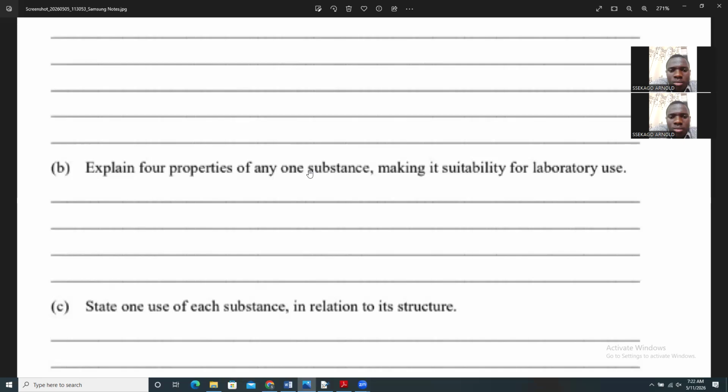So if I give properties of the giant covalent structure, then one can extend those properties to any other substance that exhibits that type of structure. Same thing applies for methane, which we categorized as a substance consisting of a simple molecular structure. So one can extend those properties of methane to any other substance that has a simple molecular structure.